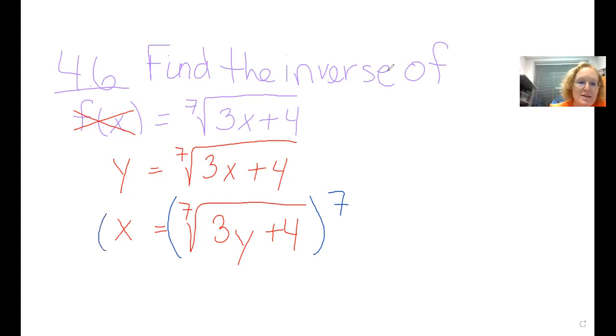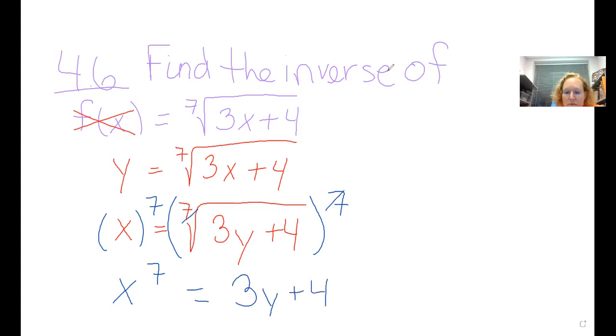But whatever you do to one side in algebra, you must also do to the other. So over here, we've got x to the 7th power, which doesn't have anything to cancel, so that just leaves x to the 7th. But this 7th root cancels out with that 7th power, so this just leaves me with 3y plus 4.